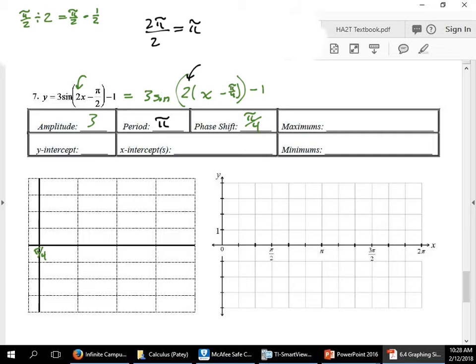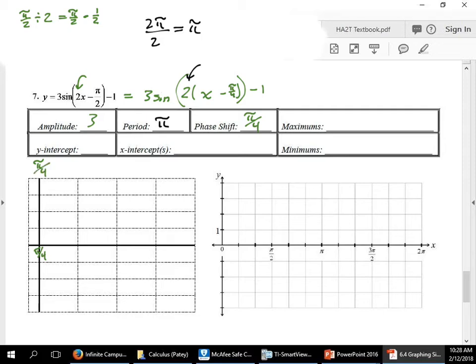Okay, but now, how do I count my next ones? What do I add to pi over 4 to get this one, and then this one, and then this one? Whatever it is, this total distance has to be equal to pi, because that's the period. So what would I be adding to pi over 4? What is pi divided by 4?